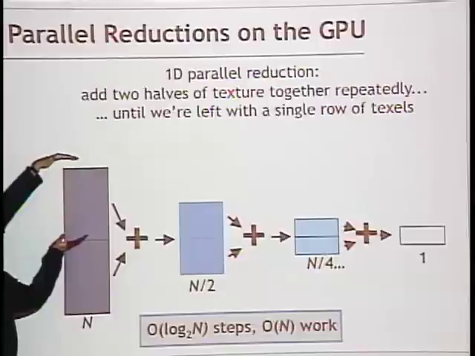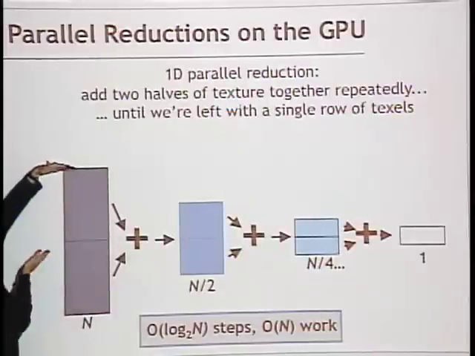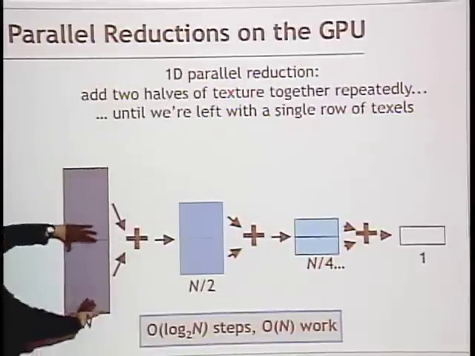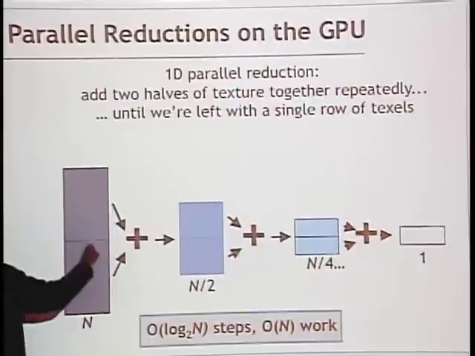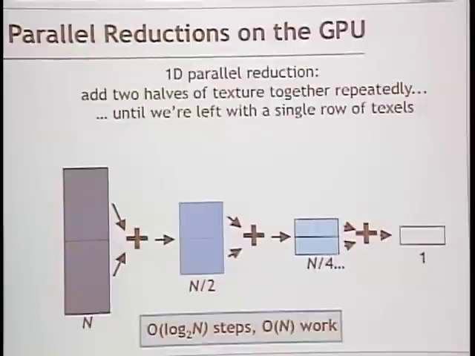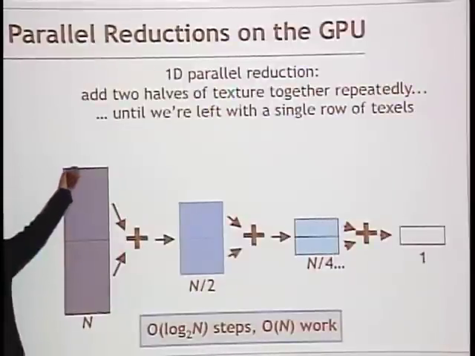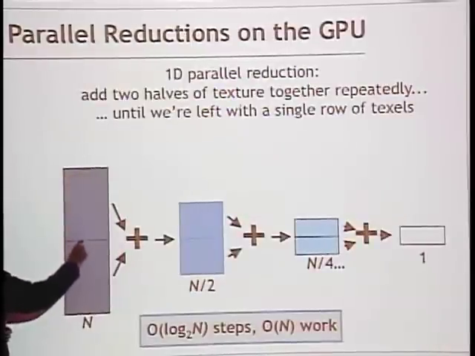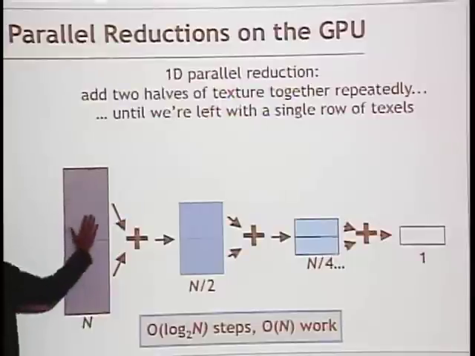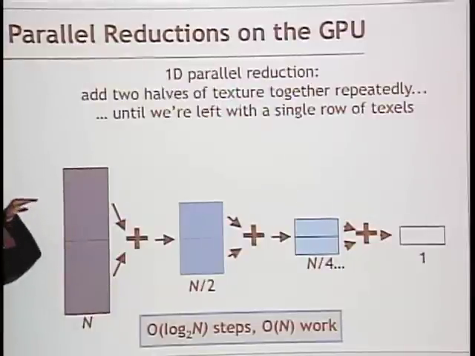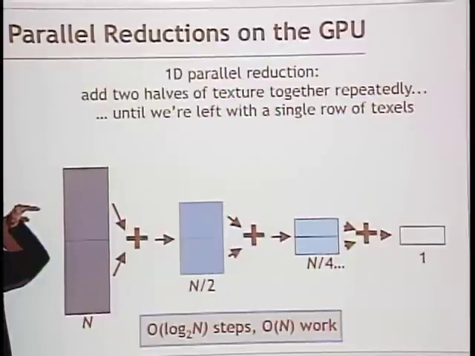We're going to divide the whole set in half. We're going to take this half and plaster it on top of this half. And then we're going to do an addition, or whatever our operator is, for every element in that half. So we're going to take elements 0 to 500,000, take elements 500,000 to 1,000,000, slap them on top of each other, and do 500,000 adds in parallel at the same time.